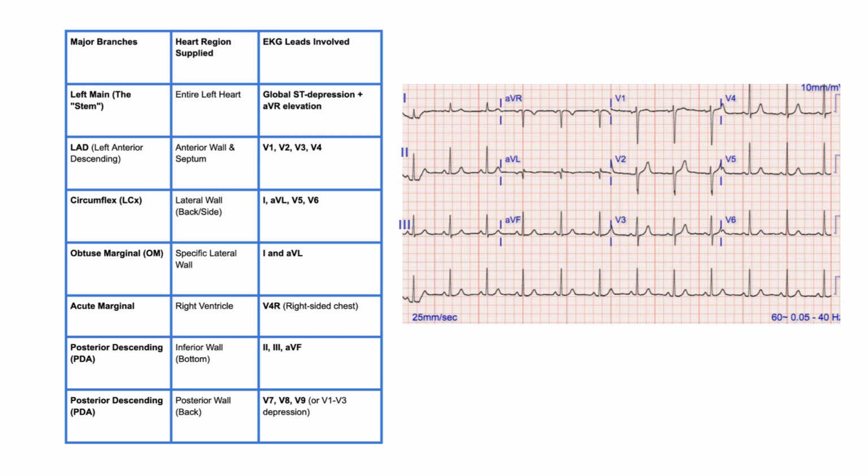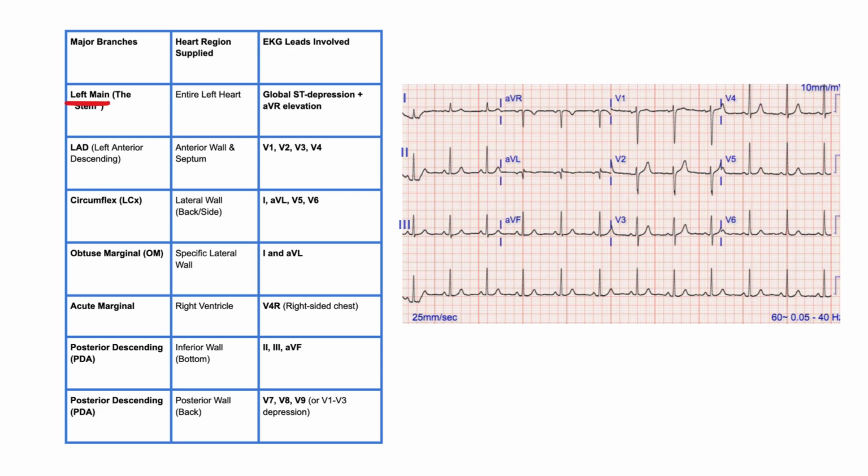So let us master the coronary arteries and the EKG correlations using this table. This table shows the major branches of the coronary arteries, the heart region it supplies, and the EKG leads that are usually involved when there is occlusion of the respective blood vessels.